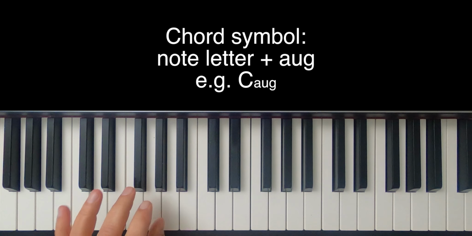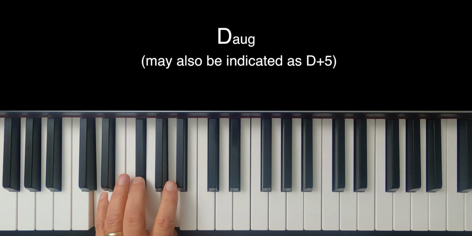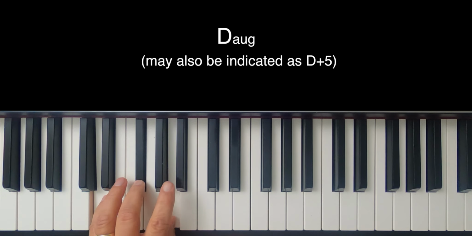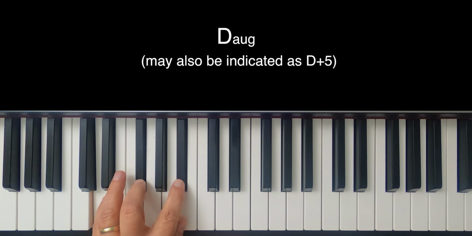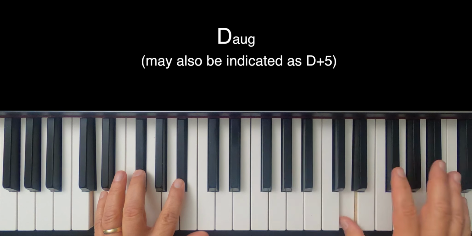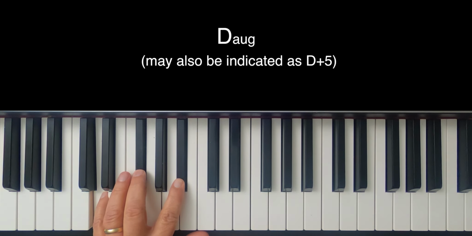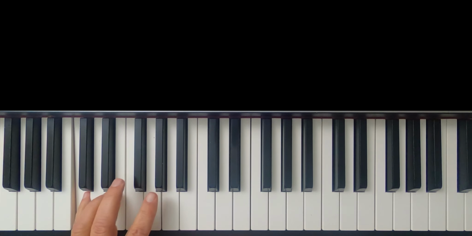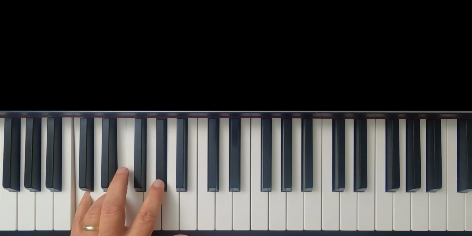So for example, let's take D major. We're playing D major in root position, take the top note, raise it half a step. And that's D augmented. Now here's an interesting thing about augmented chords. Let's, for example, start here. That's C augmented.